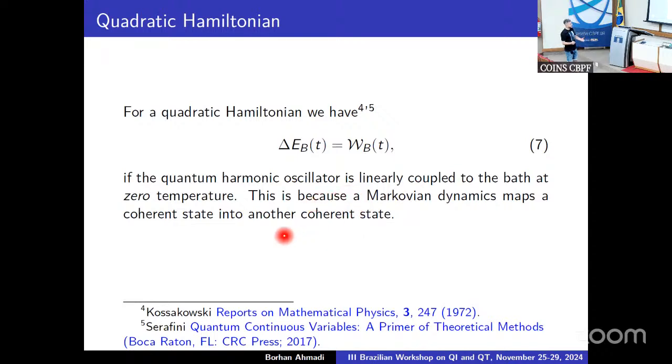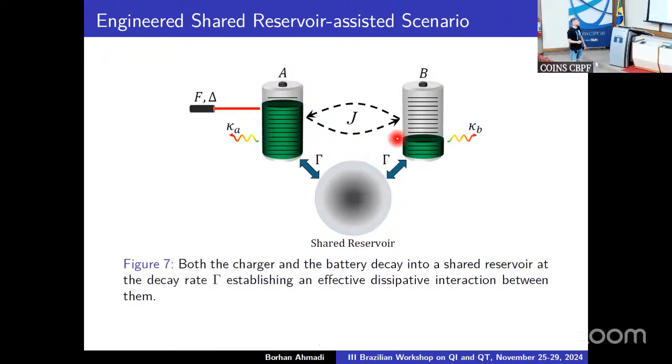So since I choose my initial state to be ground, which is a coherent state, it maps to a coherent state. For coherent states, we know that energy and ergotropy are the same. So from now on, I just focus on energy, which is equal to ergotropy. Anyway, okay. So now I am trying to enhance the previous result by Farina by using a shared reservoir.